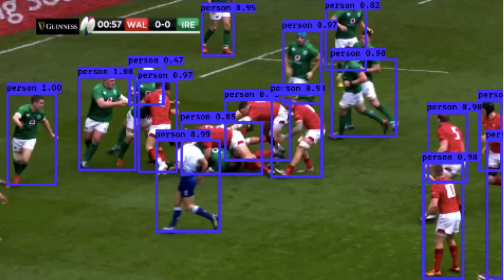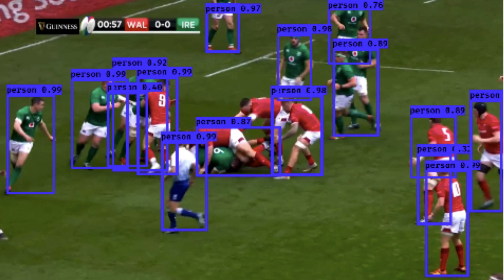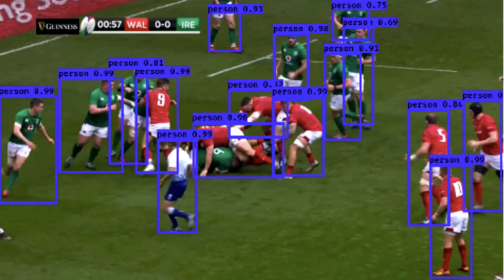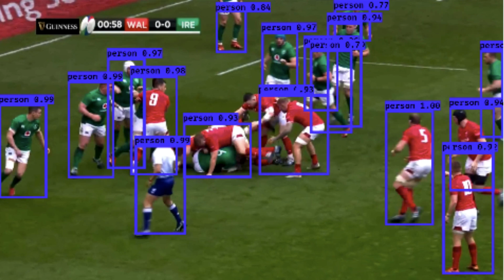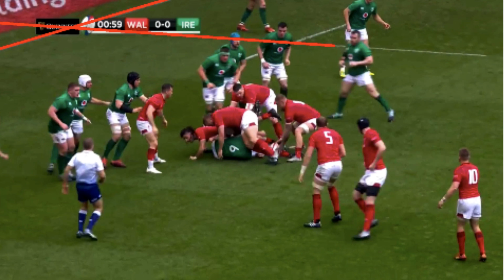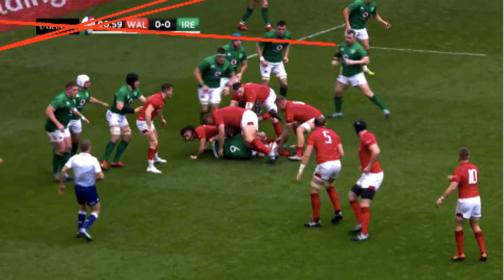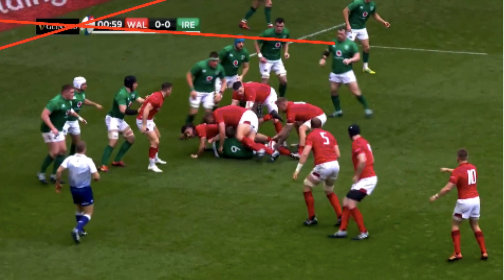You can clearly see the effectiveness of the YOLOv3 model at detecting players. The line detection problems can be seen with missing detections and duplicates.